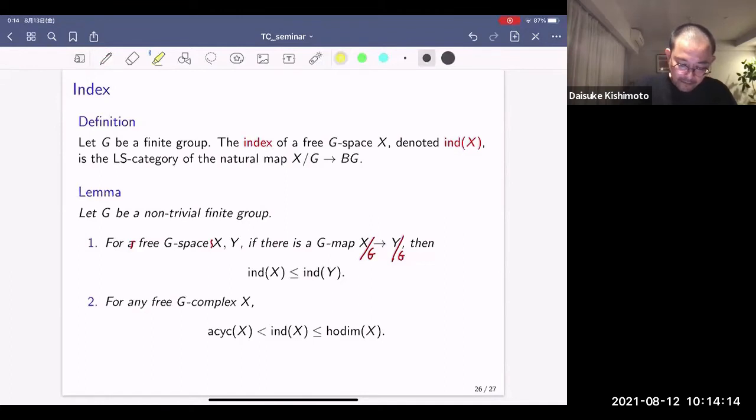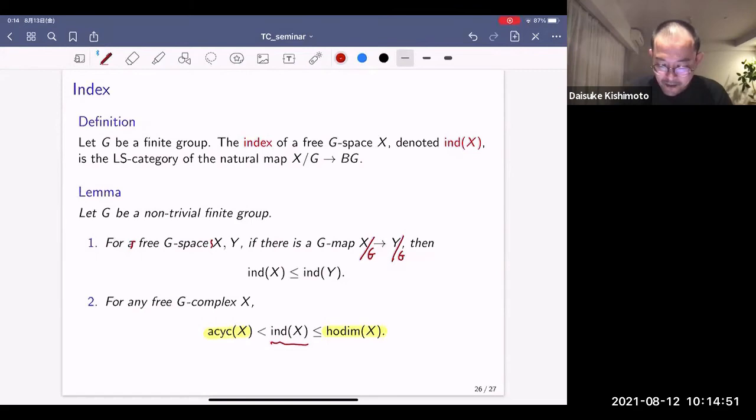In this talk, we only used these two invariants to apply the Borsuk-Ulam type theorem. But index is better than acyclicity. So if we replace acyclicity with the index, we get a better result, or I mean, we get Tverberg's theorem for a wider class of CW complexes.